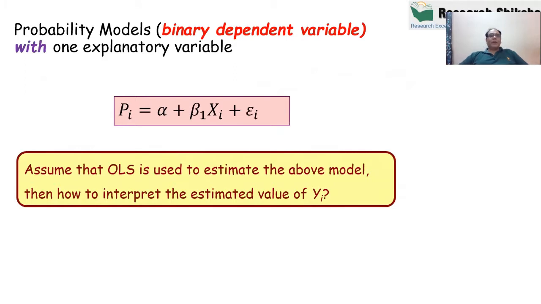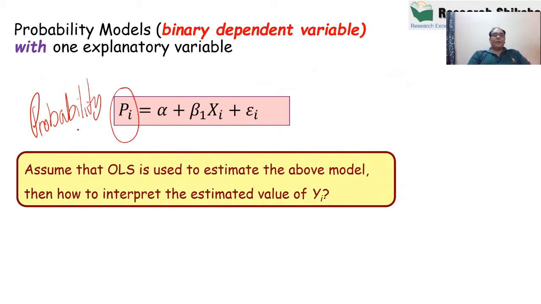In this case, you can first observe a few things. This pi is the probability, and x is my independent variable. Here I am taking only one independent variable, that is x1, and I am going to apply OLS regression to predict this pi, the dependent variable.